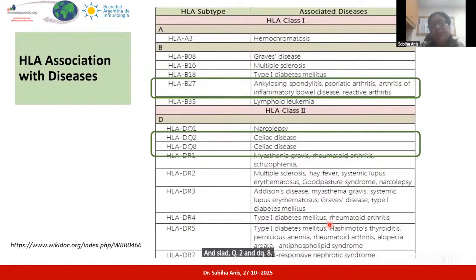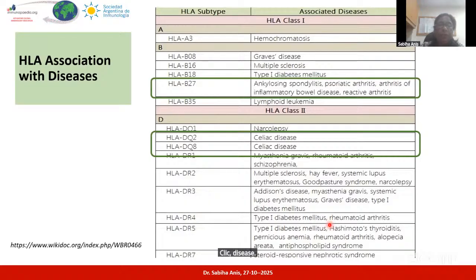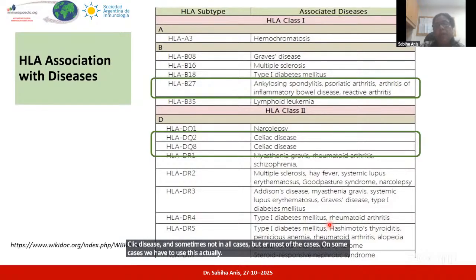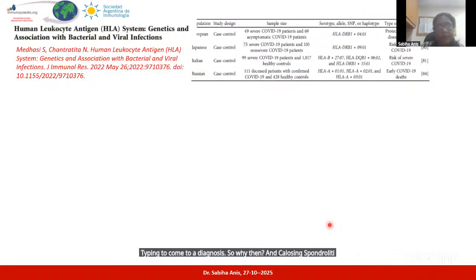HLA B27 is associated with ankylosing spondylitis, and HLA DQ2 and DQ8 with celiac disease. In some cases, we have to use HLA typing to come to a diagnosis of either ankylosing spondylitis or celiac disease.